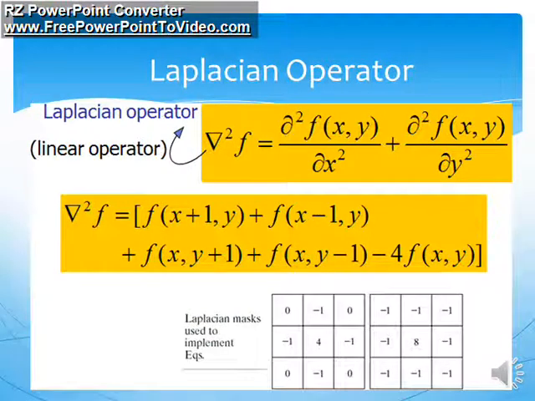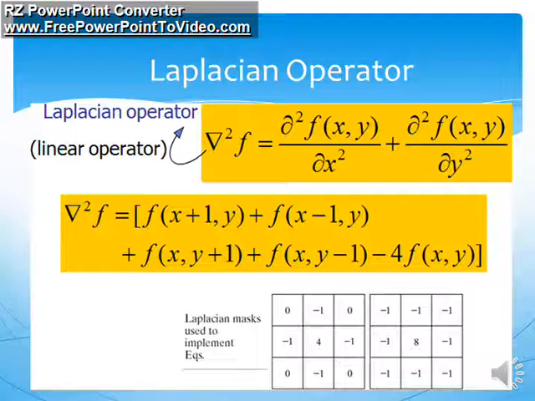operator. If we move forward, the Laplacian operator looks like this. The grad square f equals del square f(x,y) divided by del x square plus del square f(x,y) divided by del y square, where grad square f equals f(x+1,y) plus f(x-1,y) plus f(x,y+1) plus f(x,y-1) minus 4 f(x,y).